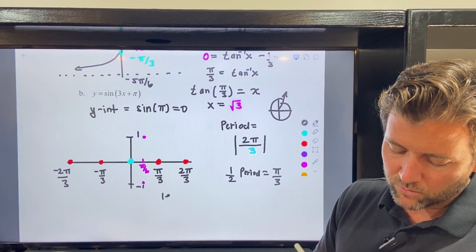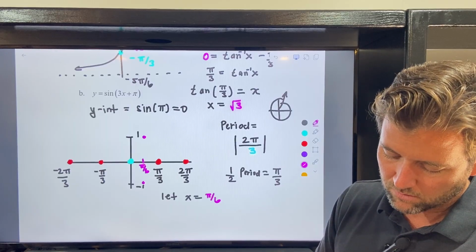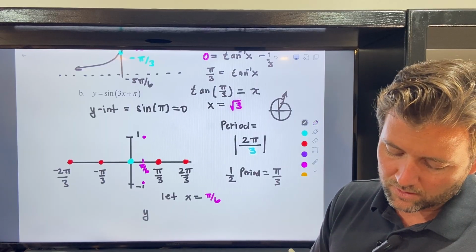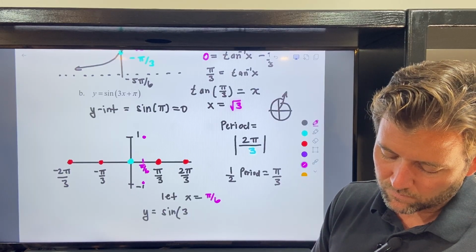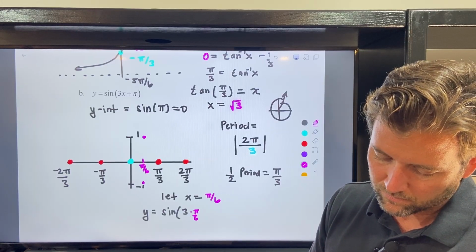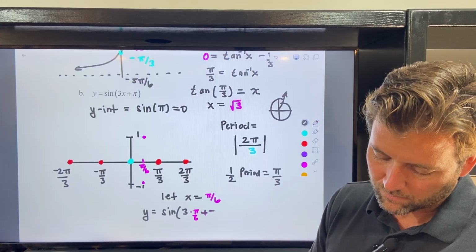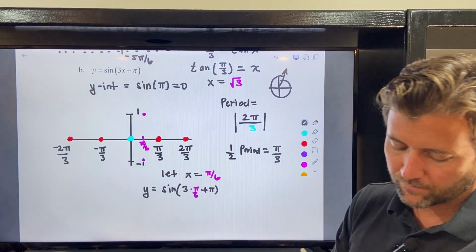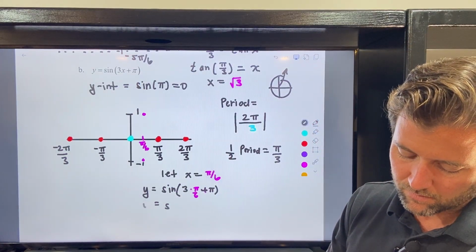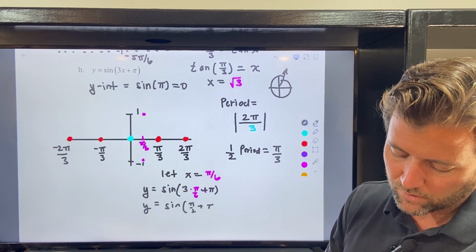So in case we're not sure what's going on, I'm going to let x equal pi over 6. I plug it into this function for x. Okay, so I'm plugging pi over 6 in here for x. So I get the sine of, this is pi over 2 plus pi.